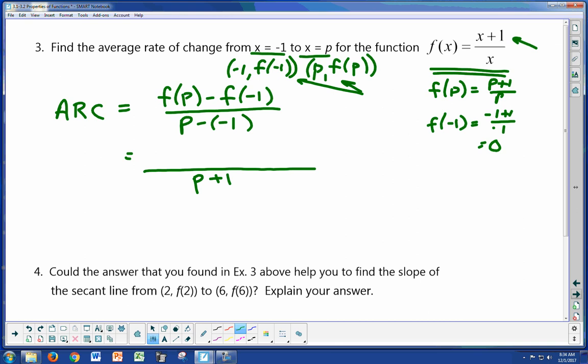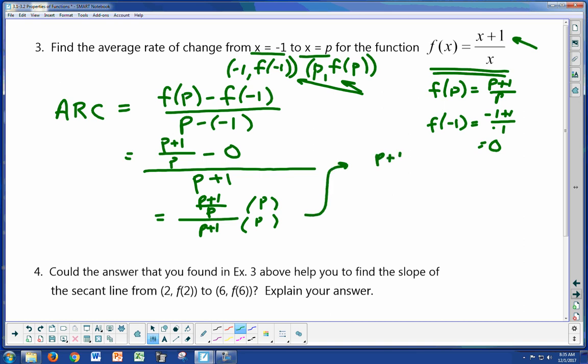All right, so I've got p plus 1 over p minus 0. And that gives me a complex fraction, p plus 1 over p, all over p plus 1. And we'll see then if we multiply the top and bottom by p, you can almost do this in your head, but whatever. That would give you p plus 1 over p times p plus 1, which cancels, leaving us 1 over p.